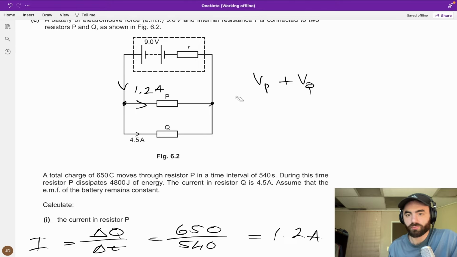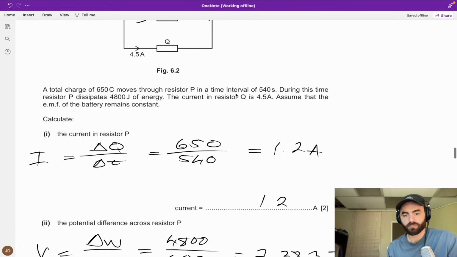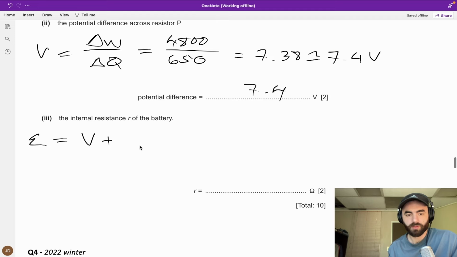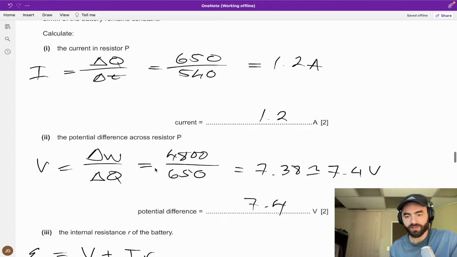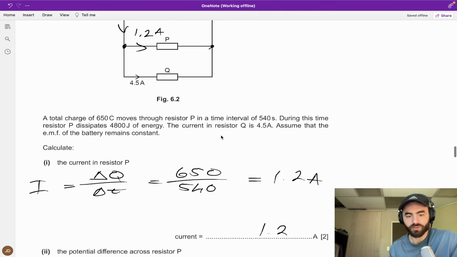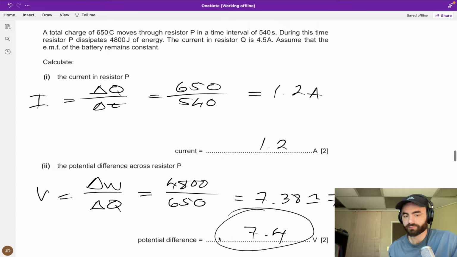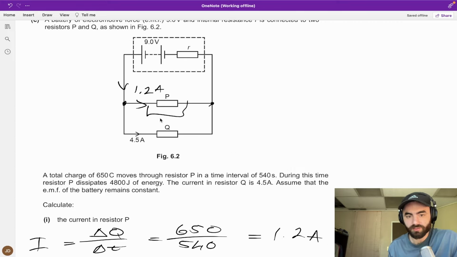All of the energy is being used up. Plus IR. So this V here is going to equal the potential difference across this.